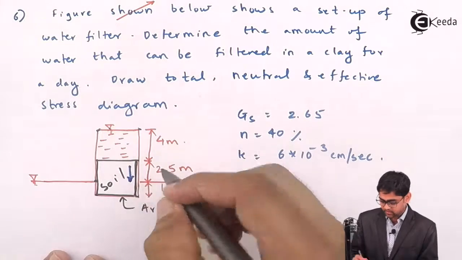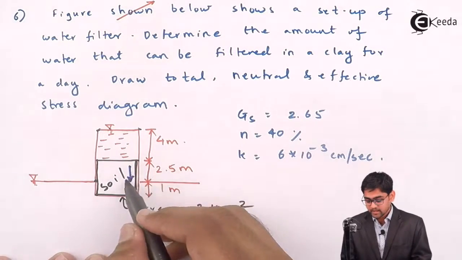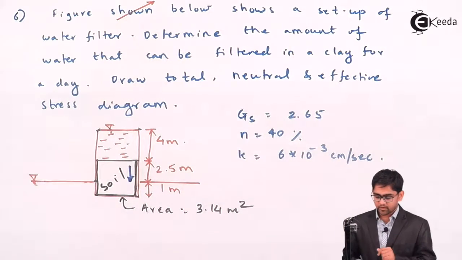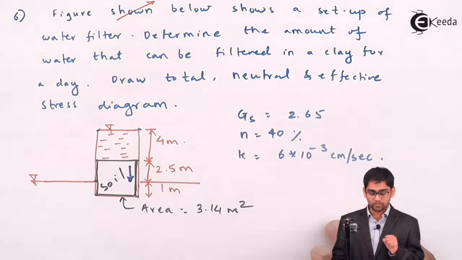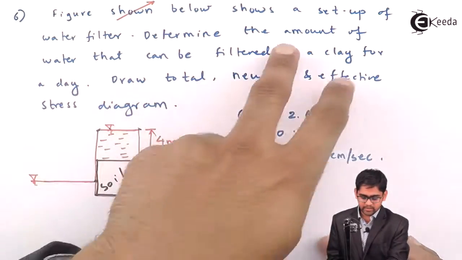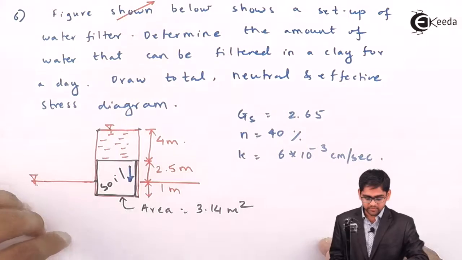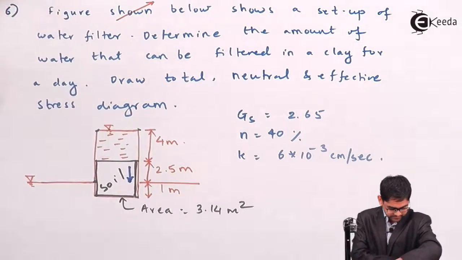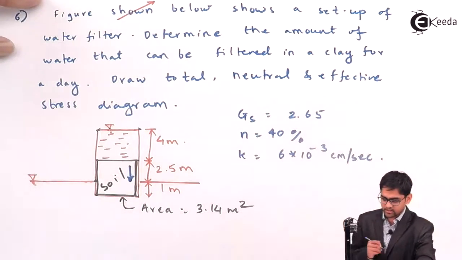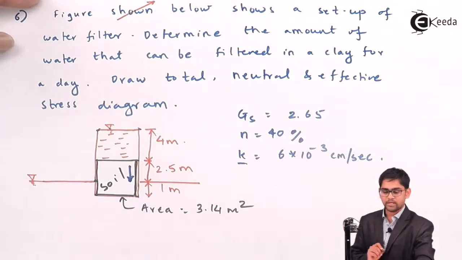Remember, the investigation of the direction of the flow is very important to deal with such kinds of problems. We are asked to evaluate the amount of water which can be filtered through a clay, which is a very simple problem, and for that we have been given the coefficient of permeability.